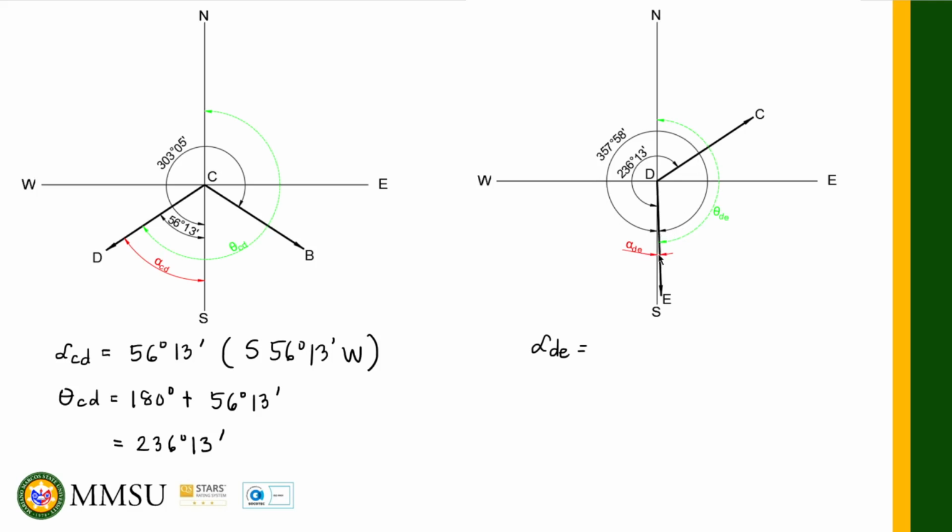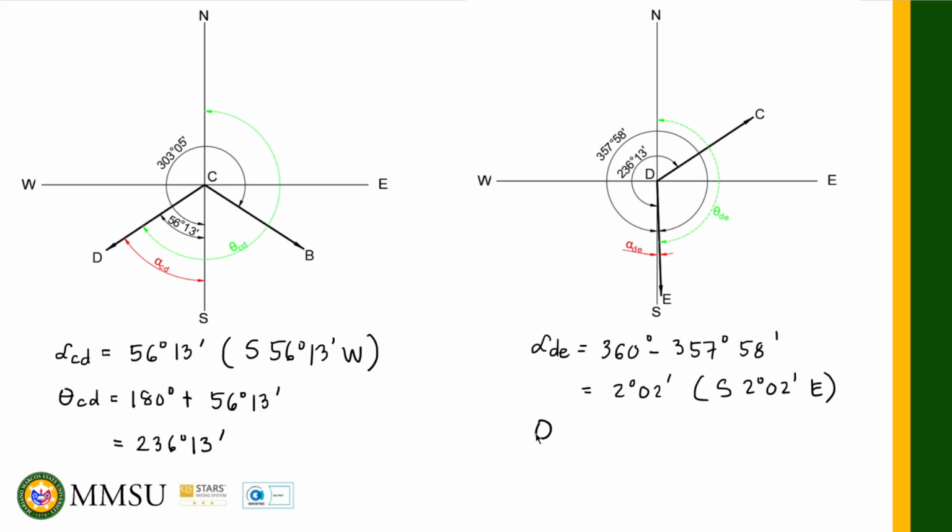So to solve for this very small angle right here, we just subtract this given azimuth, 357 degrees 58 minutes, from 360 degrees. So alpha DE is equal to 2 degrees 02 minutes. As you can see, this is from south going east, so the bearing is south 2 degrees 02 minutes east.